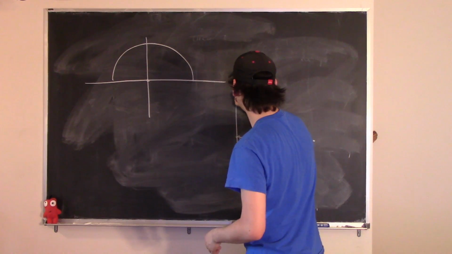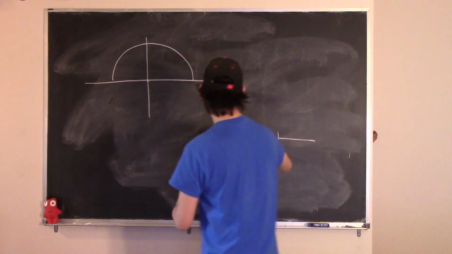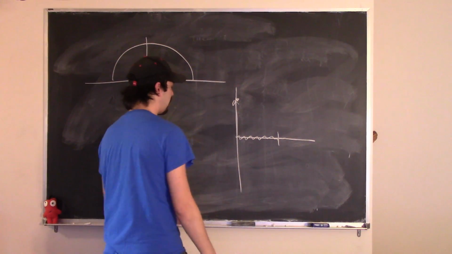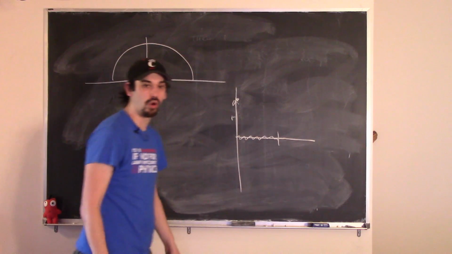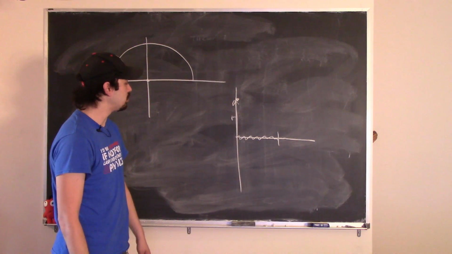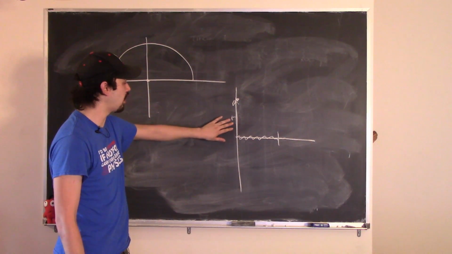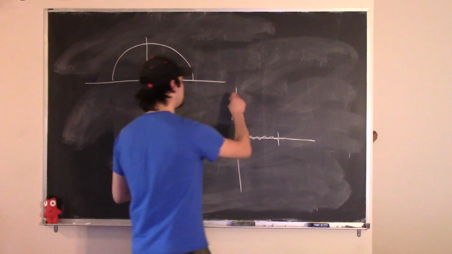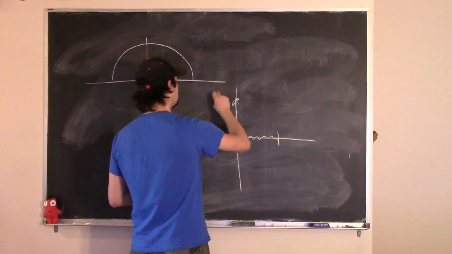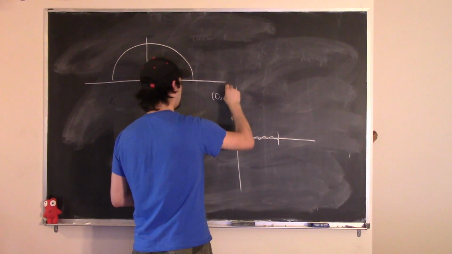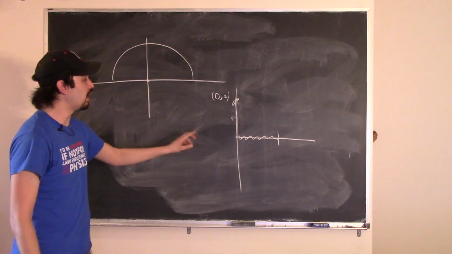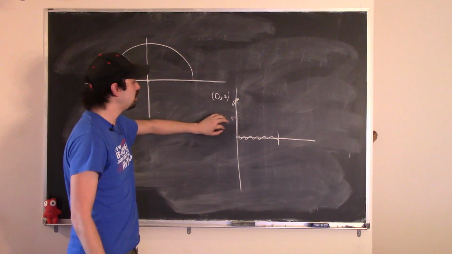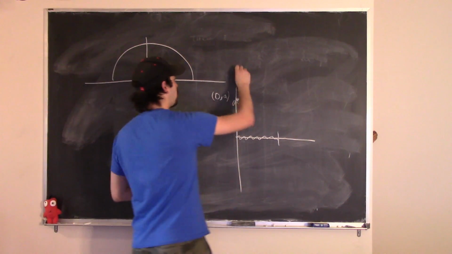Just to give you a different example, say this was what I was looking at. You could define the vector r this way, but you might inadvertently convince yourself that, say this is the point 0, a on this axis, if you defined it from the origin, you might be inclined to say that r is equal to a.